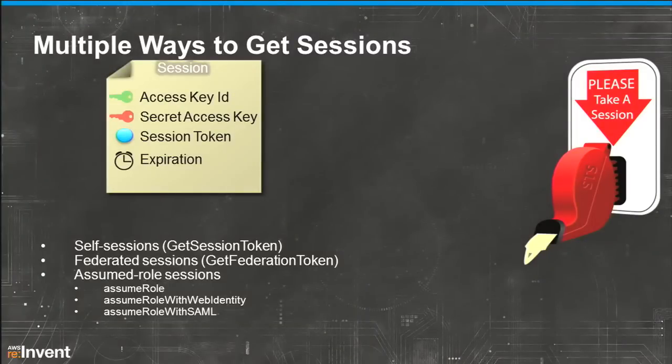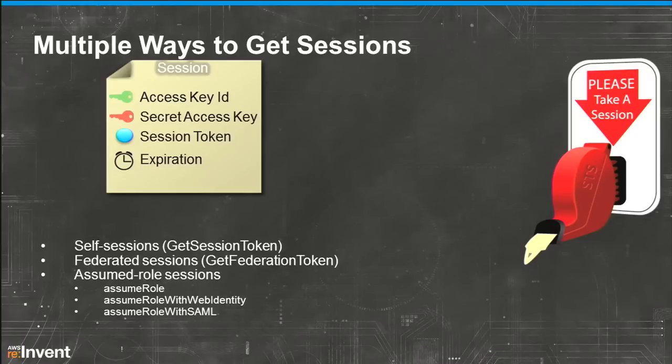You can get sessions in multiple ways. There's a number of APIs that we provide that you can use. The first one is get session token. This is really if you're an IAM user and you want to create a session for yourself. Let's say you want to use multi-factor authentication, you want to do MFA protected API access. This is the API you would use. We also have get federation token.